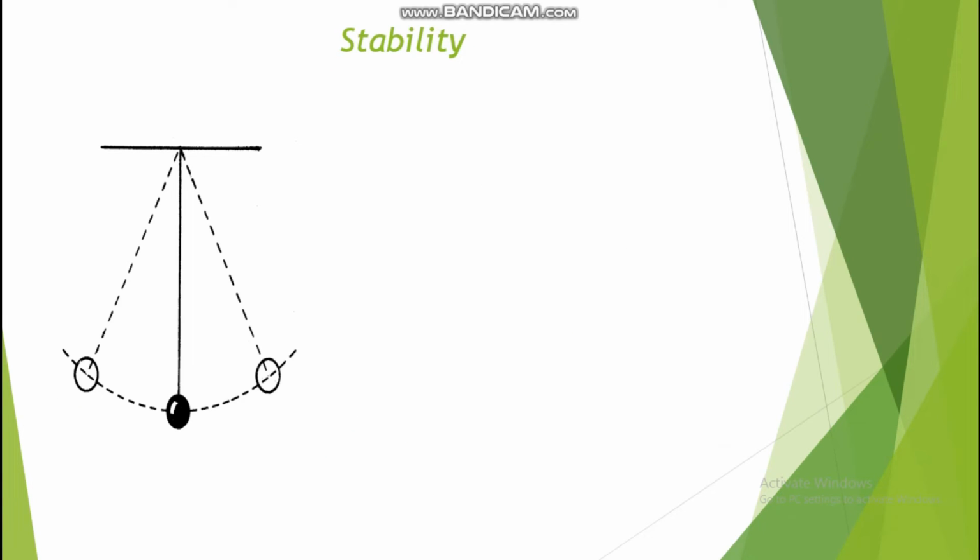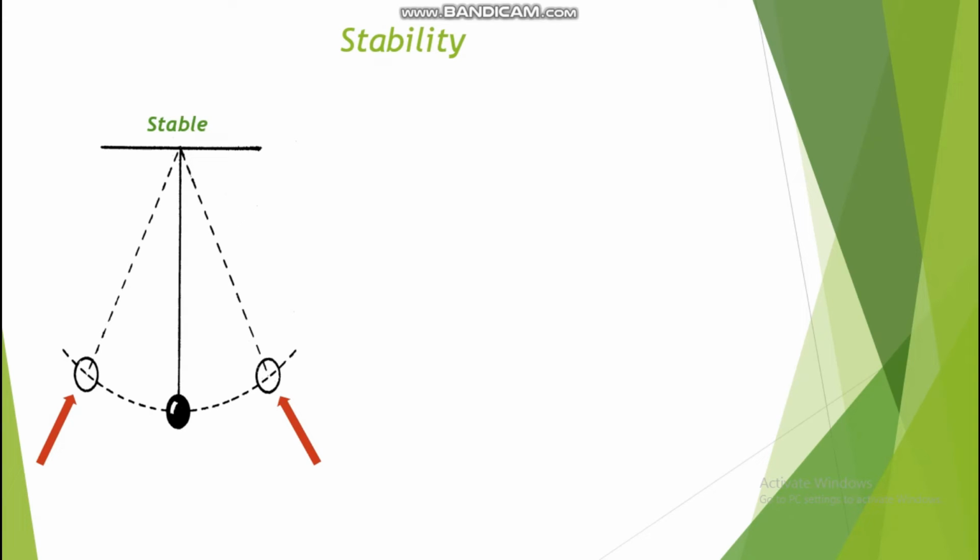Let's take another example of a simple pendulum. This is the most general example used to explain stability. Now, there are three equilibrium states in this system. The first two are the peaks of the pendulum, and the other one is the mean position, shown by the black bob in the middle.